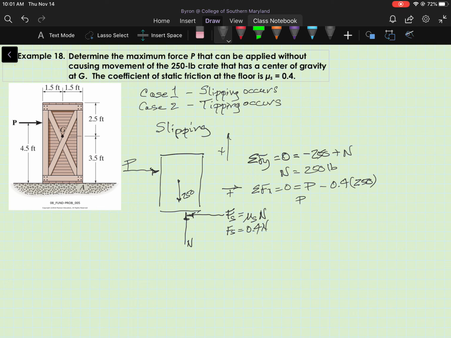So we solve for P and find that P is equal to 100 pounds, meaning that when P is equal to 100 pounds, we have impending motion. So if P gets just a little bit larger, then the crate will start to slide. Okay, so we want to remember that number. P for slipping is 100 pounds.